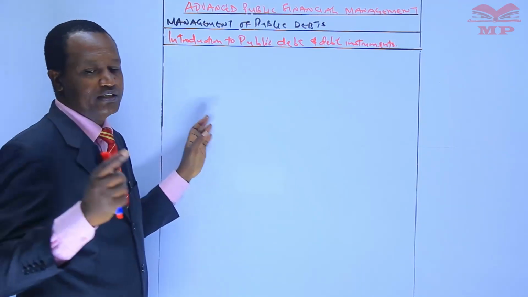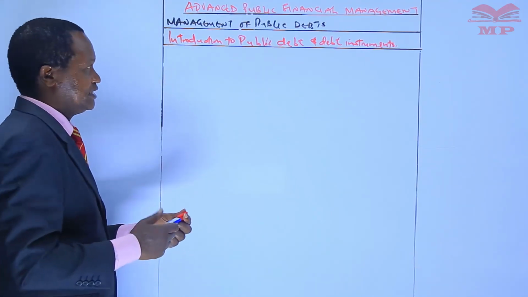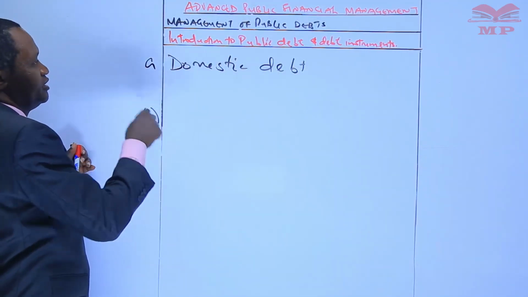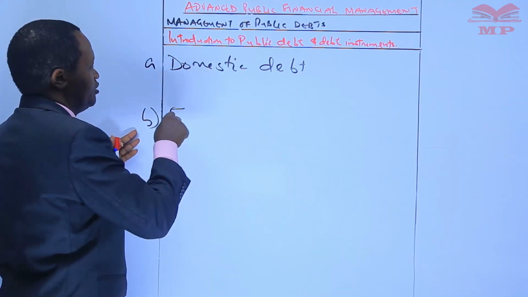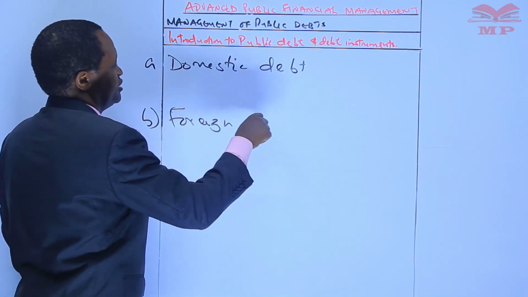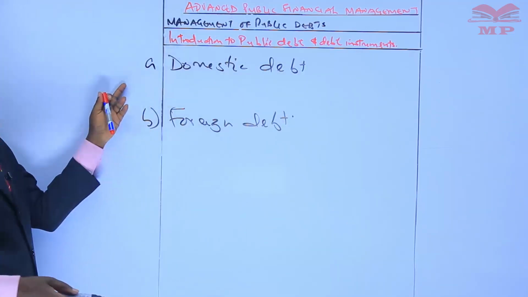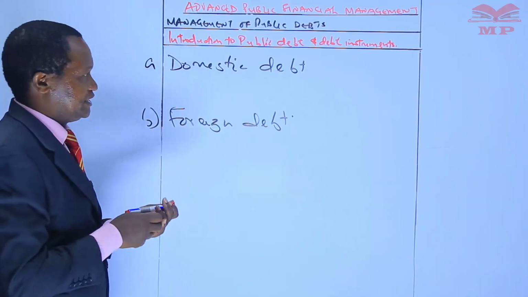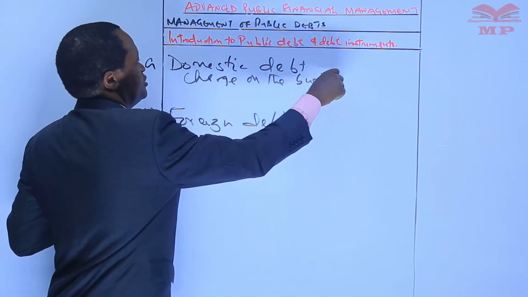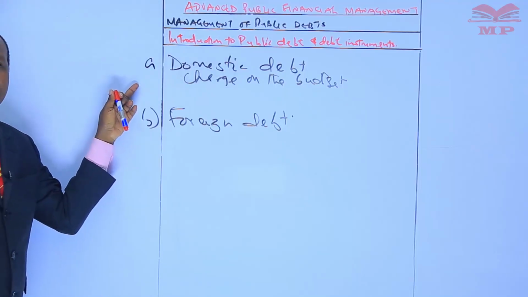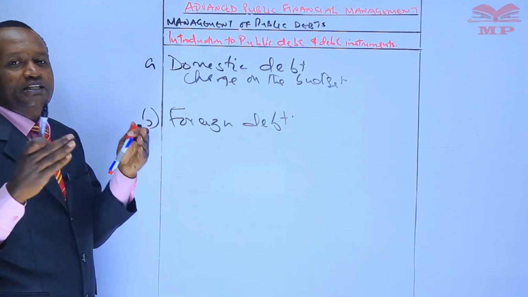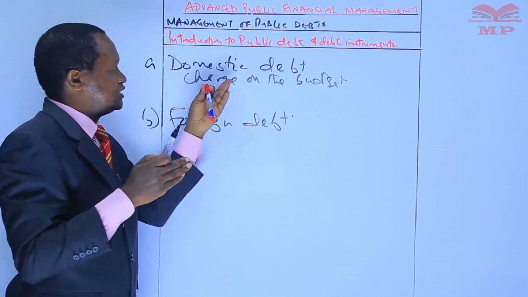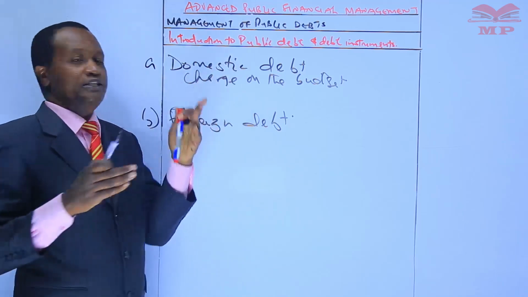Do you understand that? Domestic debt and external debt or foreign debt. I've just said the domestic debt is a charge on the budget. That means that the domestic debt has to be funded through the budget.